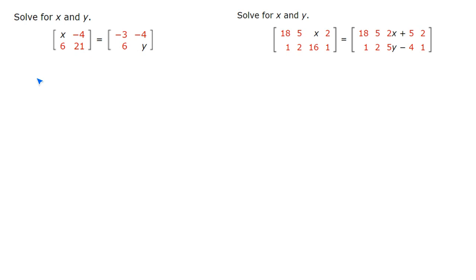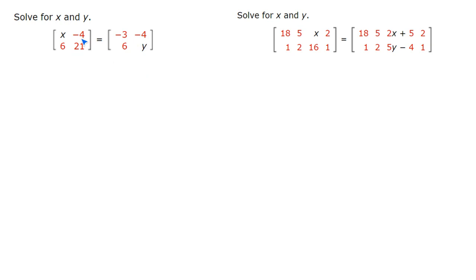Okay, so let's solve for X and Y. This is a different problem. Here we have this matrix equal to this matrix. All we know is that they're equal to each other. In order to be equal, they have the same size, which they do, 2 by 2 and 2 by 2. But the numbers inside have to be the same.